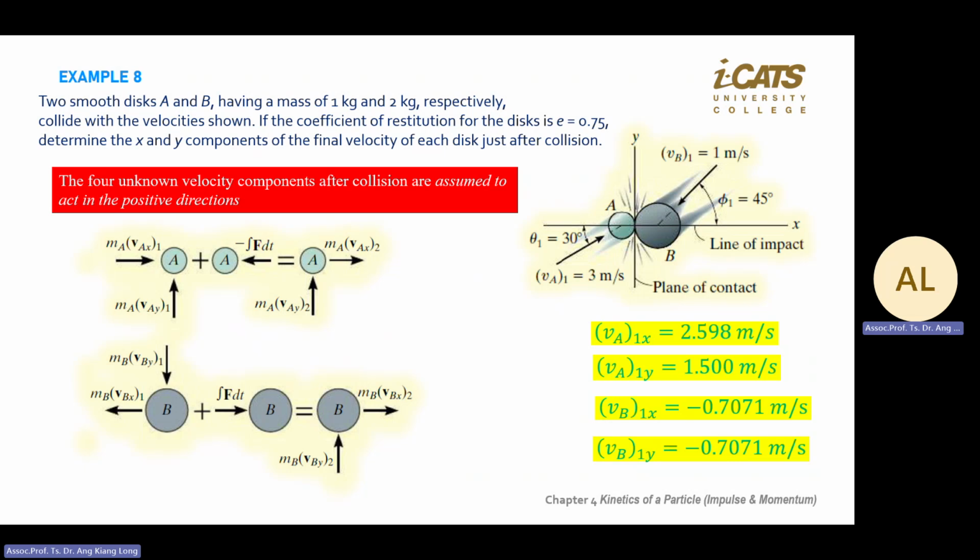Because you combine the resultant of VAY and VAX, you get the angle of that vector. Of course, when you hit like this, you know A will go this way, this quadrant. But this is just an illustration, just to show you what to do. If you can assume, then you follow your diagram.